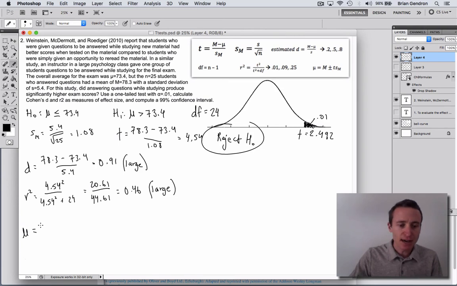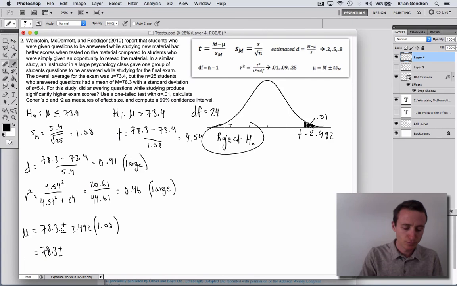We have our sample mean of 78.3 plus and minus your critical value of t, 2.492, times the estimated standard error of 1.08.